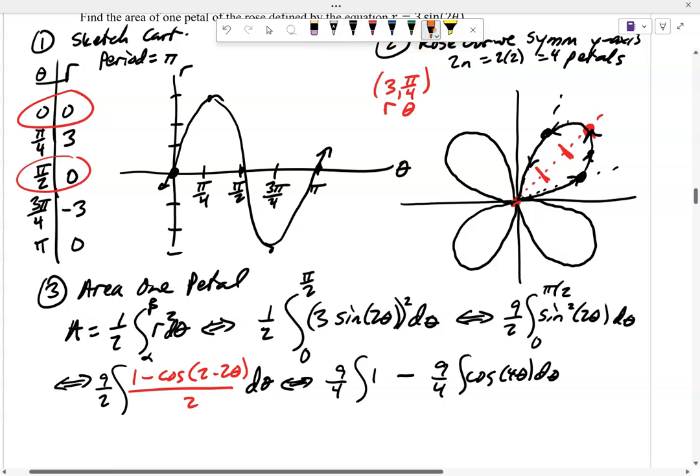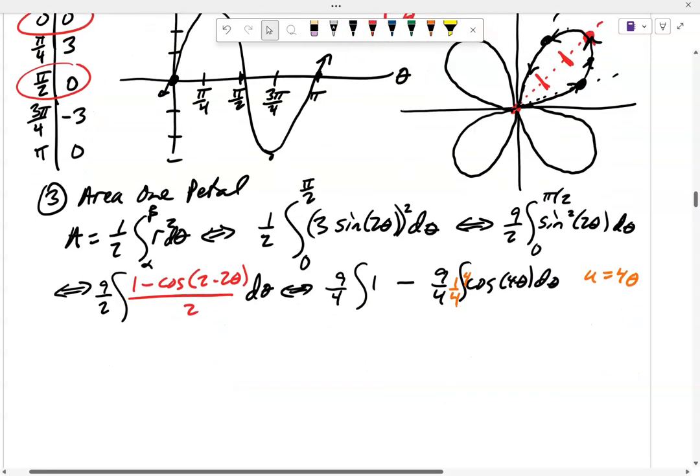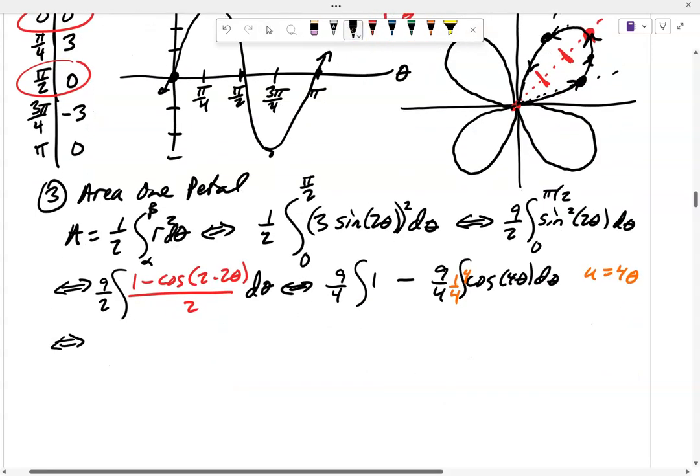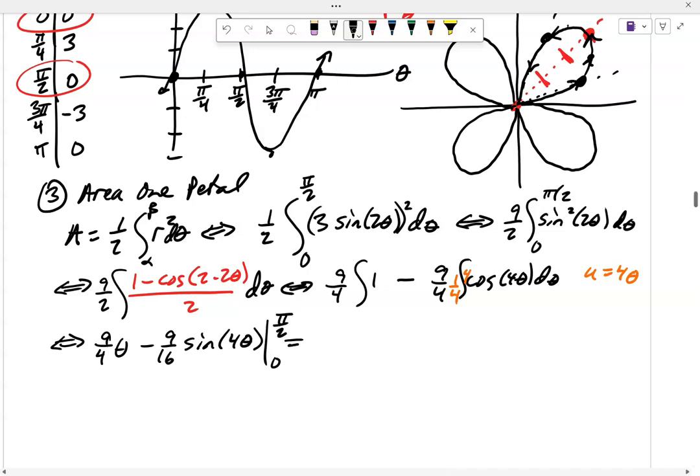So I'm going to let my u be that 4 theta. So it'll be 4 d theta, which means I could offset it with a 1/4. So we'll have 9/4 theta minus 9/16 integration of the cosine of 4 theta, from 0 to pi halves.